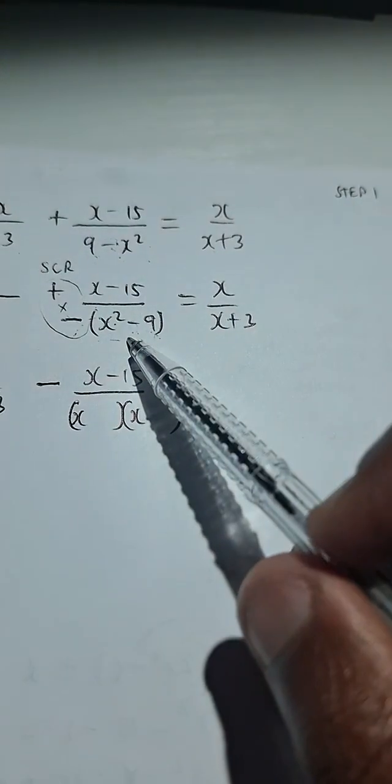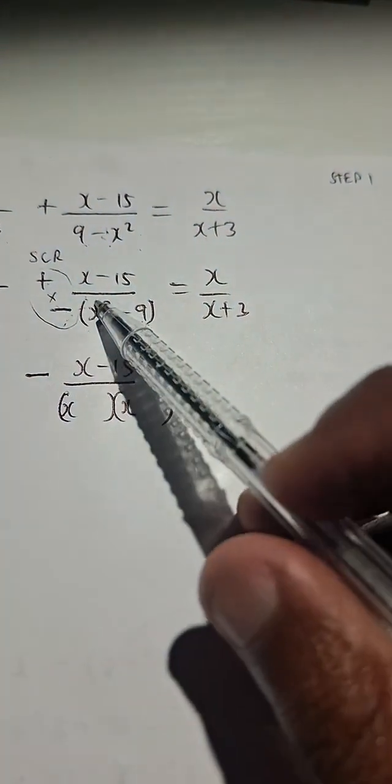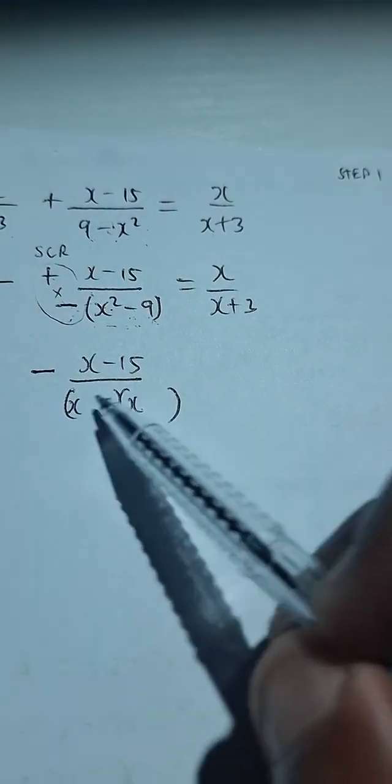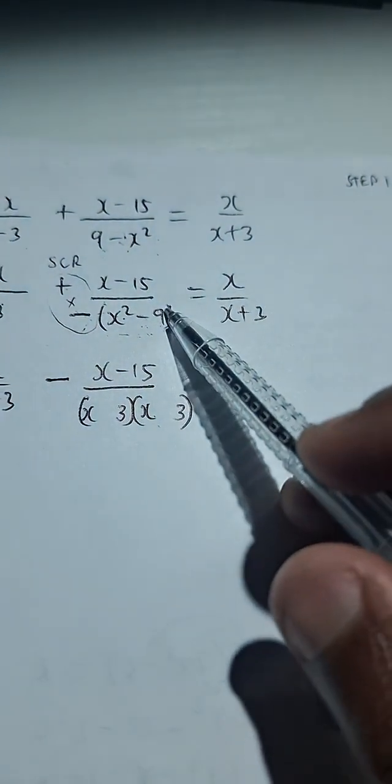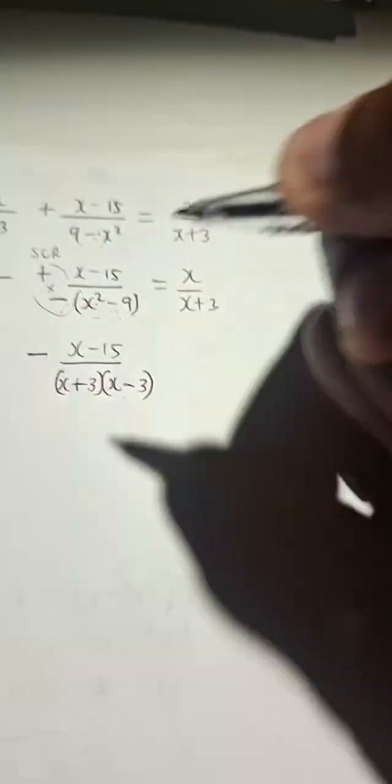So we say x and x, right? Because the square root of x squared is x, so we write x and x. Then the square root of 9 is 3, so we write 3 and 3. And since the sign is negative, that means we are going to write different signs. Negative constant means different signs inside the bracket.